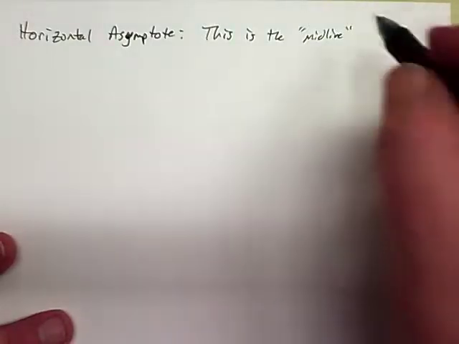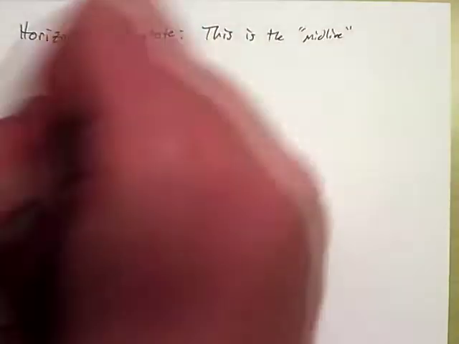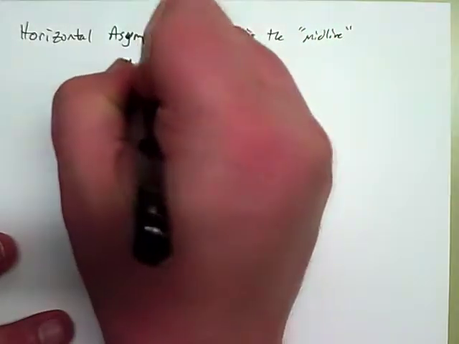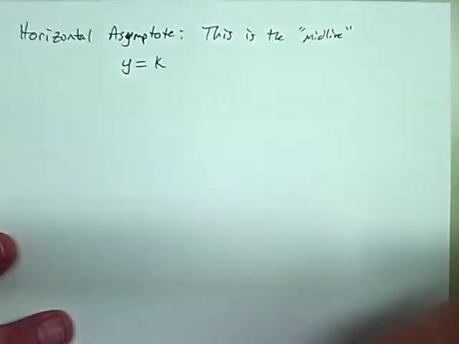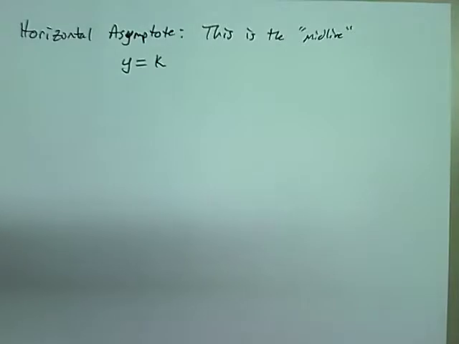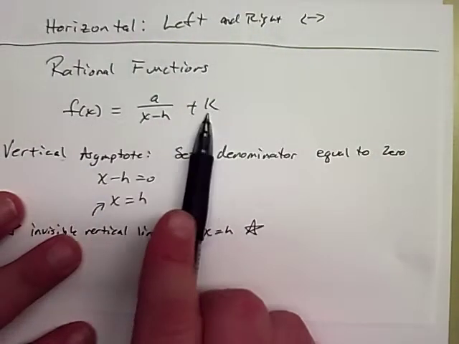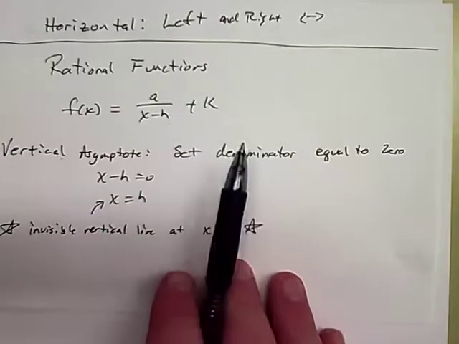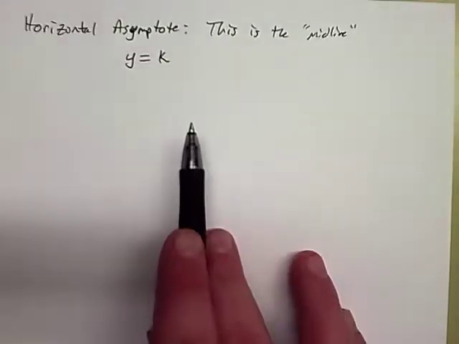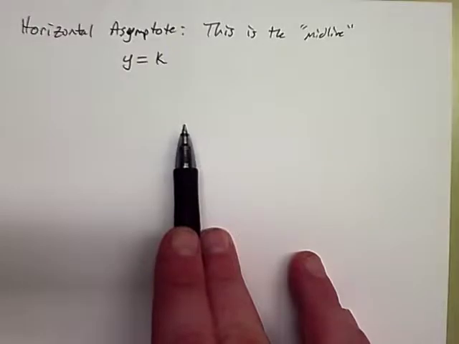And what's really nice about that is that it's always going to be in the form of y equals k. So remember, whatever that k value is going to be my horizontal asymptote.